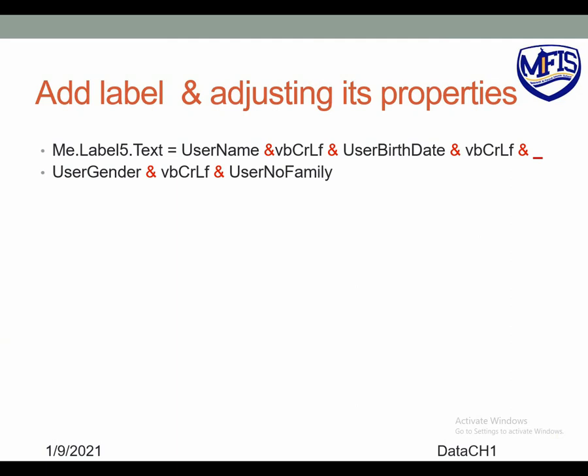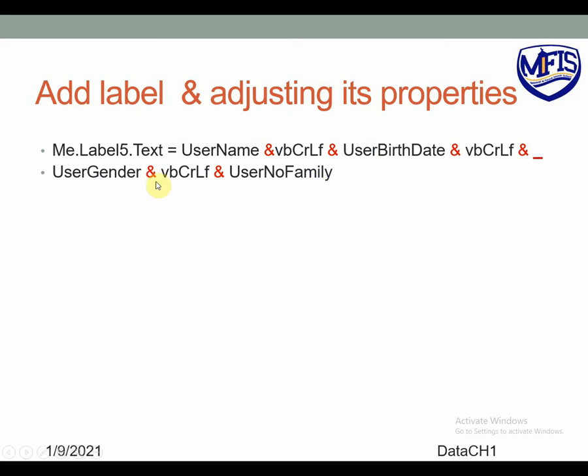To display these values inside the label, we will write the last line of code, so that label 5 displays the username that is taken from text box 1, the user birth date taken from text box 2, the user gender taken from radio button, and the user number of family taken from text box 3.